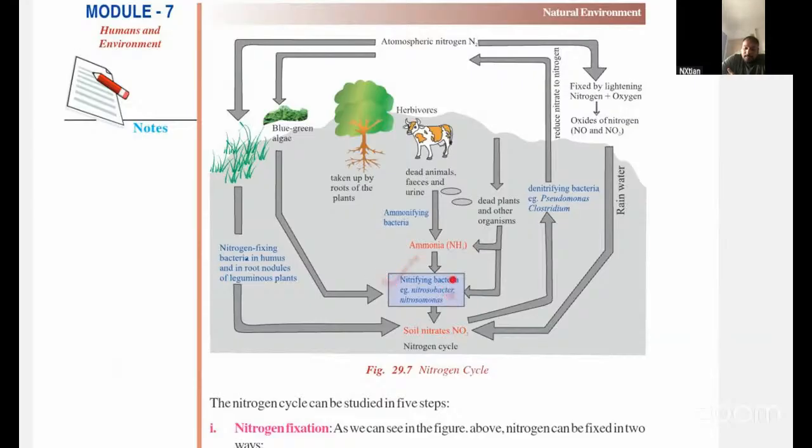They ask you what are the denitrifying bacteria, Pseudomonas or Nitrobacter. Nitro means nitrifying, pseudo means false, false bacteria, which are denitrifying the nitrates into atmospheric nitrogen.